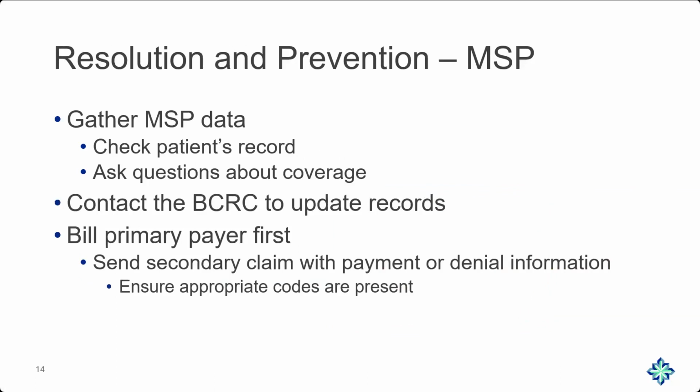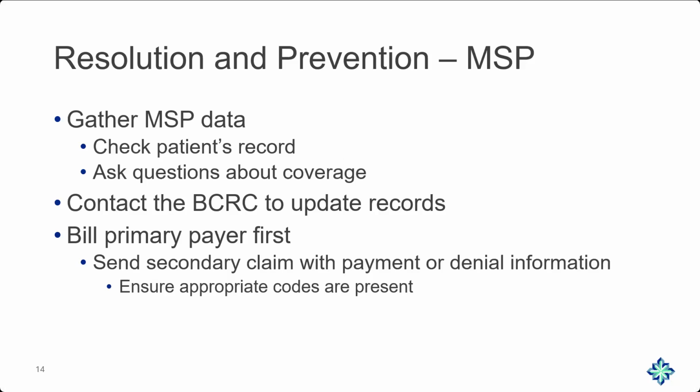We call this the MSP questionnaire. So you can do the MSP questions or use an electronic means to check eligibility. And you're going to do this at every admission, every outpatient encounter, and at the start of care and every 90 days for recurring services.